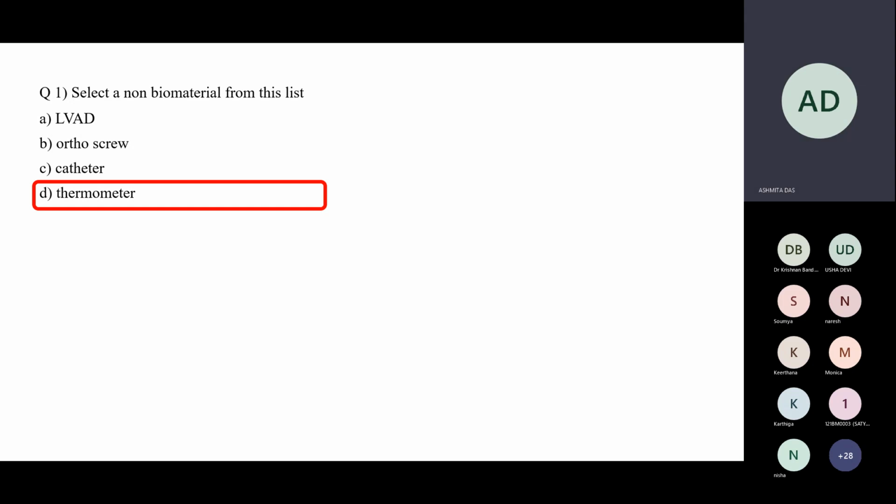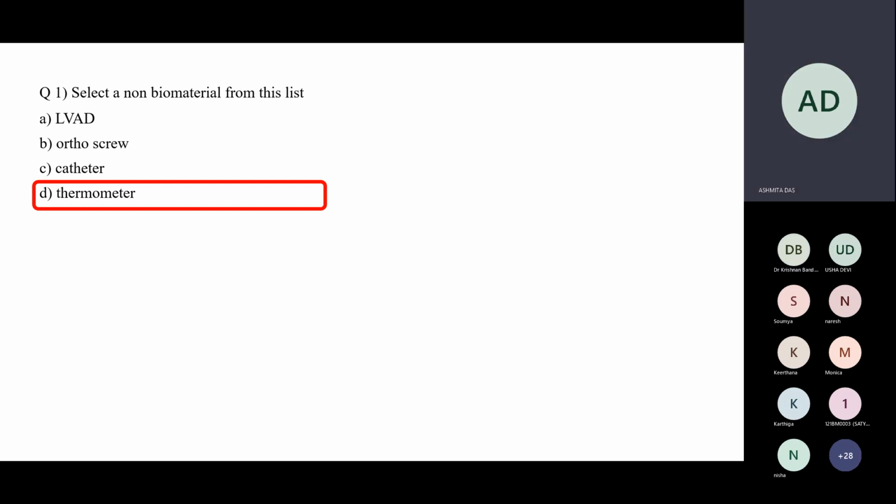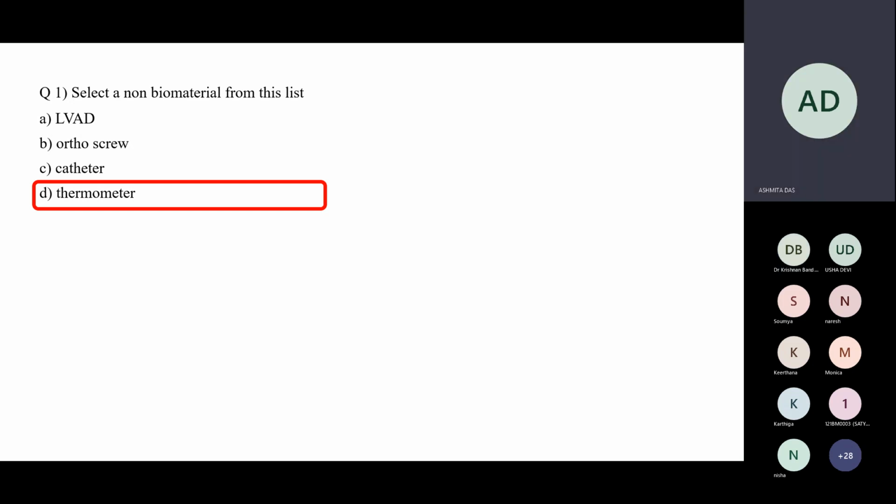But only the knee, or can you use a screw in any other joint, like the hip joint or dental augmentation? Okay, so what is the purpose? To join the parts, right? Yes, madam. Okay, so what is the third?